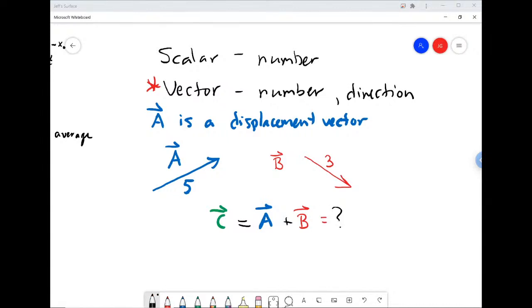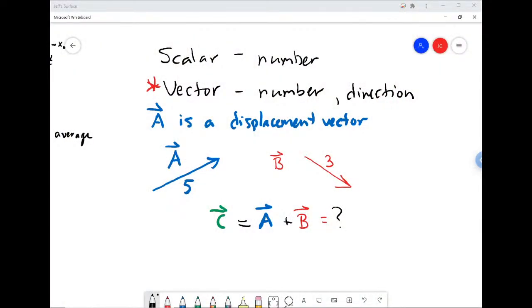What I'm writing down here is a mathematical expression. It looks like algebra, but we have to be careful. The answer is not 8. It could potentially be 8, but it's not always going to be 8. Like 5 plus 3, that's 8, right? Not when you're doing vector addition. When you're doing vector operations, things are more complicated, and the reason is that direction aspect.